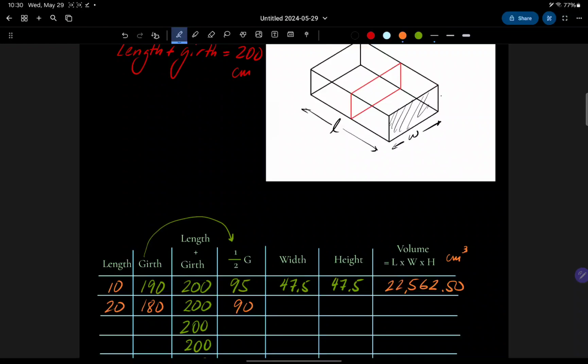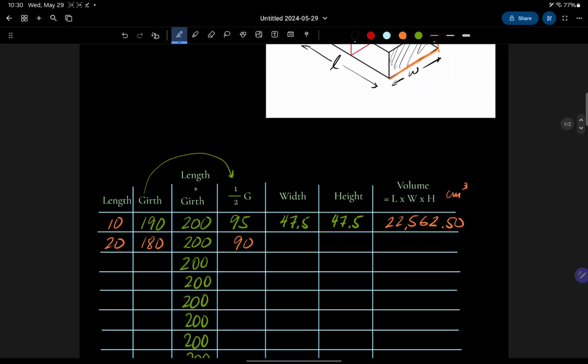And half of that will give us just one of the widths, the width this way or the width this way. So half of 90 is 45. 45 goes here and 45 goes here. Finding the volume, we'll do 20 times 45 times 45. And that will give us a volume of 40,500 exactly.